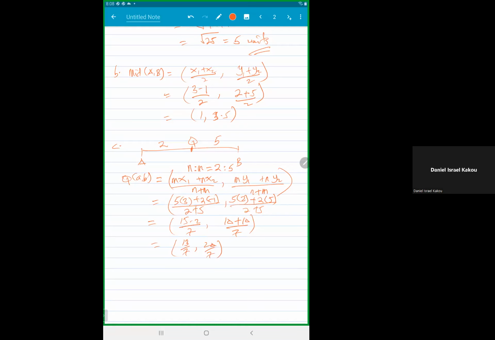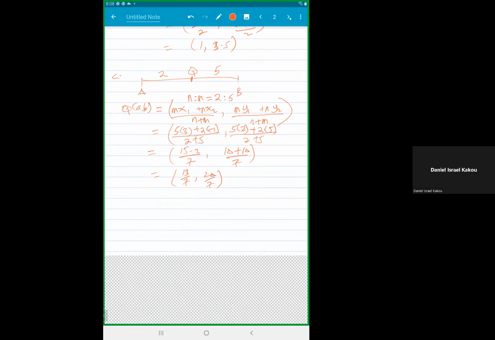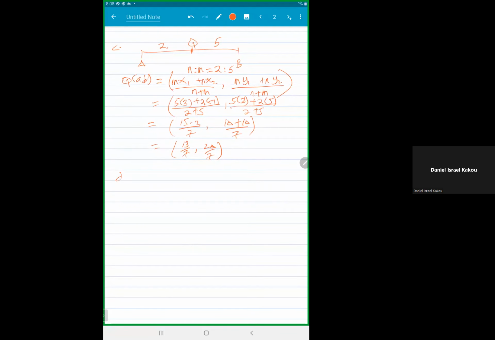So our internal division point. And the D was the external division. So the external division. And all I need, according to the question, is the ratio we have been given for the external division.